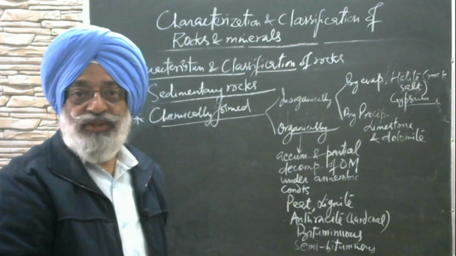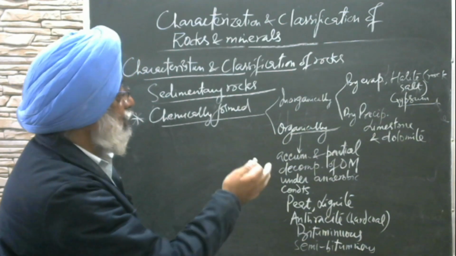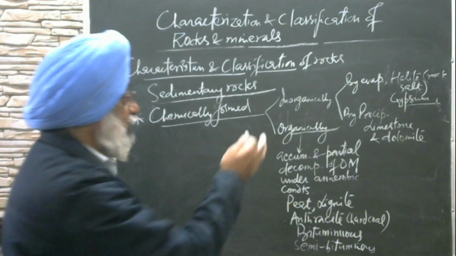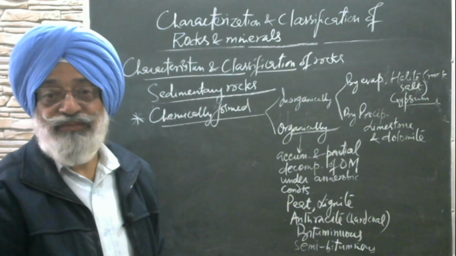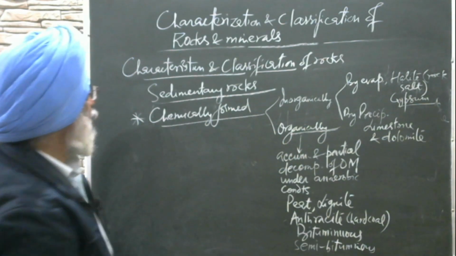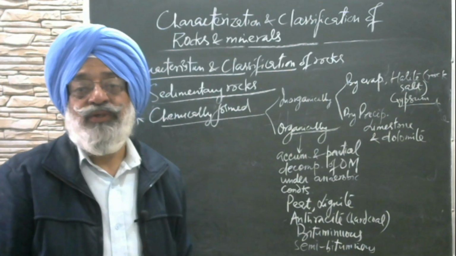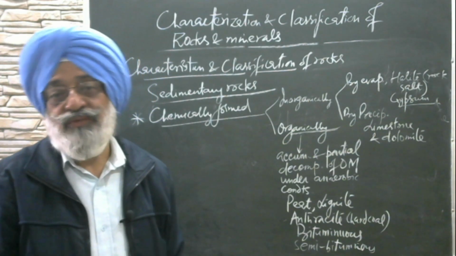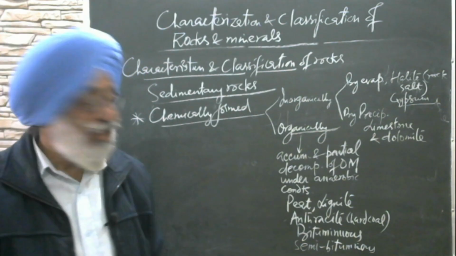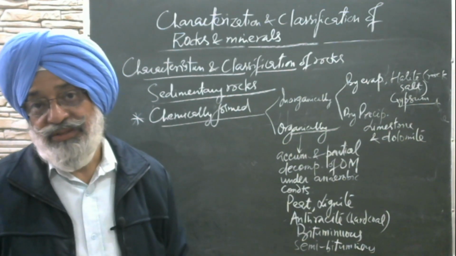Halite is more soluble, gypsum is less soluble, and if the inorganic process is because of precipitation, then you have limestone, dolomite. If it is organically formed, then it's because of accumulation and partial decomposition of organic matter. Such rocks we call peat, lignite, anthracite, bituminous, semi-bituminous materials.